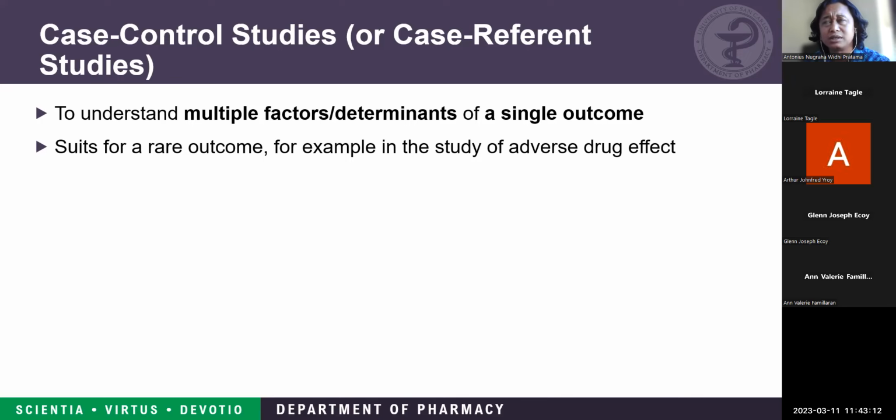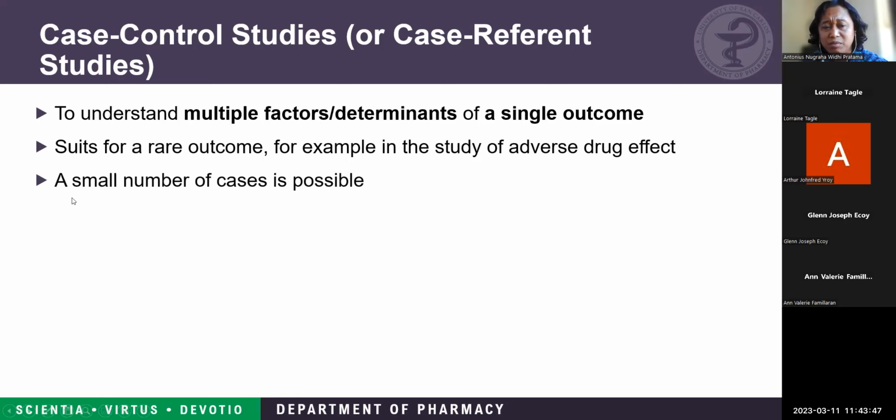We can still use it, but usually case control studies will only be reported if researchers found a rare outcome. When it is common, it's already in the literature most likely, so they do not need to perform the case control studies.